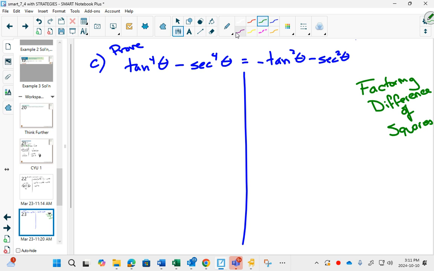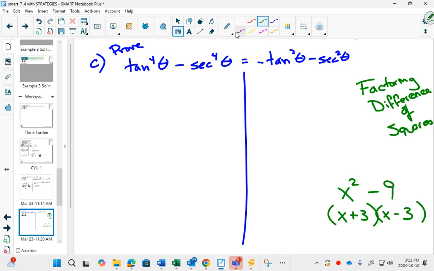Do you remember what a difference of squares is? A simple example would be x squared, which is a square, and 9, which is 3 times 3, with a difference in between. These factor really nicely to x plus 3, x minus 3. This is a difference of squares. Now we're going to have differences of squares appear with trig functions.